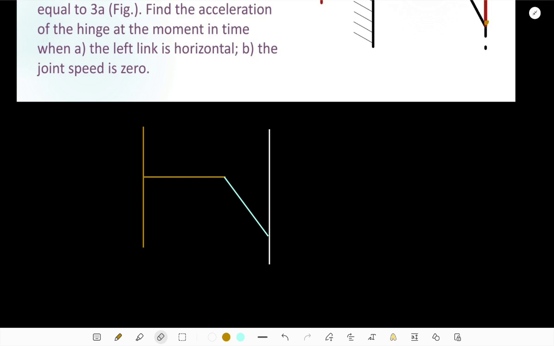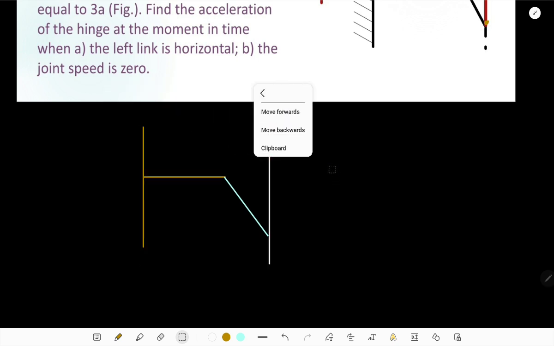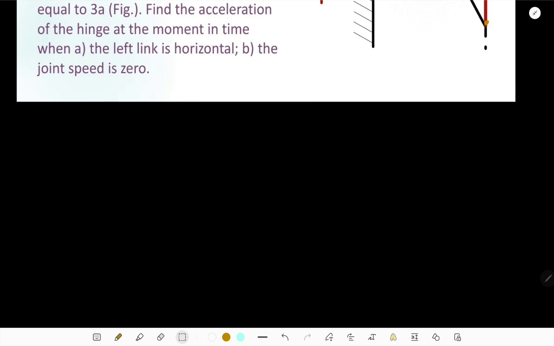Can I rotate the whole picture? Is it possible? No, I can't do it. So I'm finally going to remove it. And I'm drawing again a new picture.